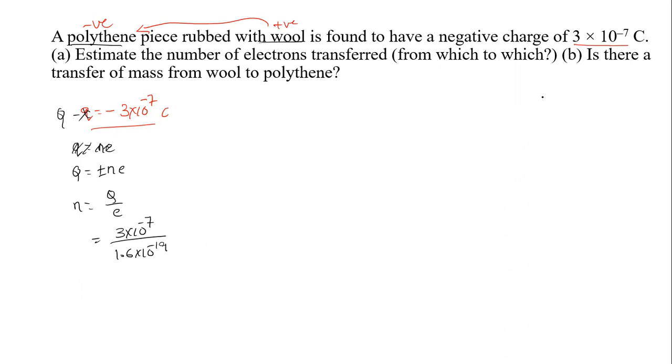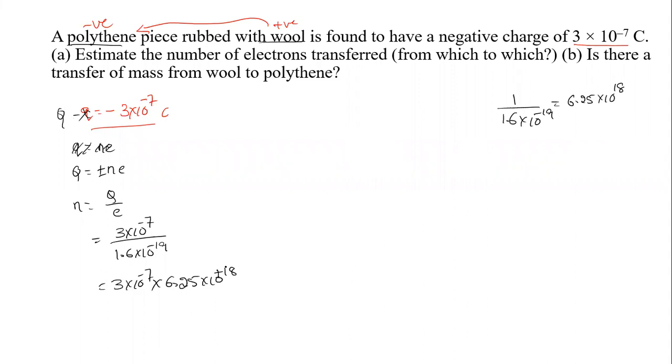I think I gave this value when I was doing the starting of the classes. 1 by 1.6 into 10 power -19 has become 6.25 into 10 power 18, this value I'm going to use here. It has become 3 into 10 power -7 into 6.25 into 10 power 18.